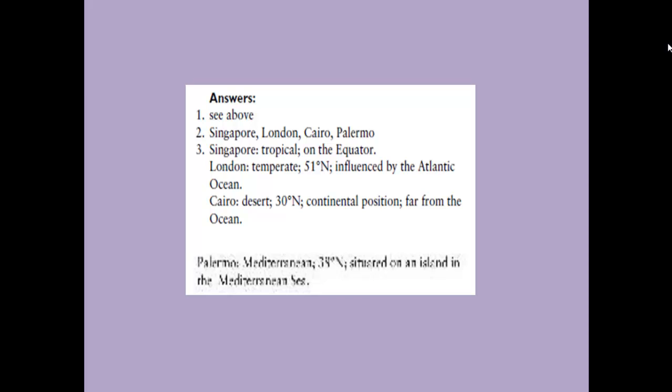Singapore, number 1, because it's tropical and it's on the equator. London, temperature, 51 degrees north, influenced by the Atlantic Ocean. Cairo, desert, 30 degrees north, continental position, far from the ocean.